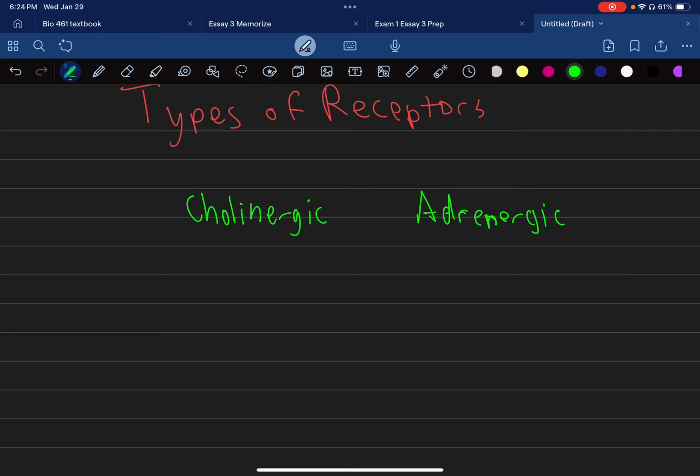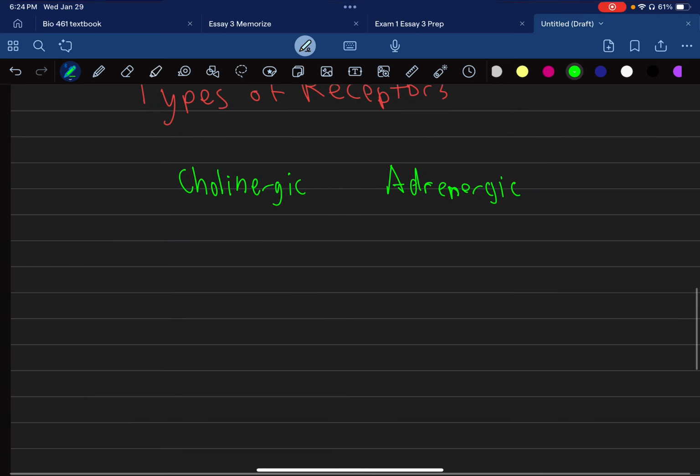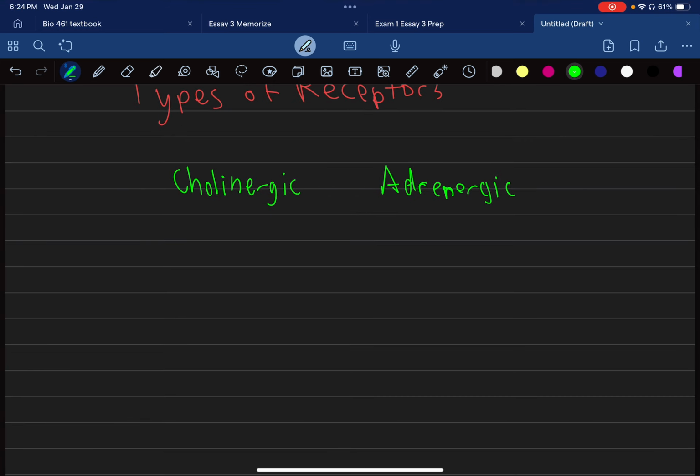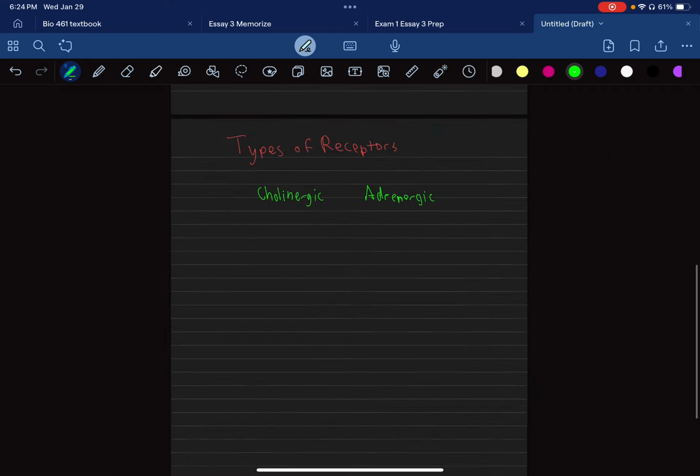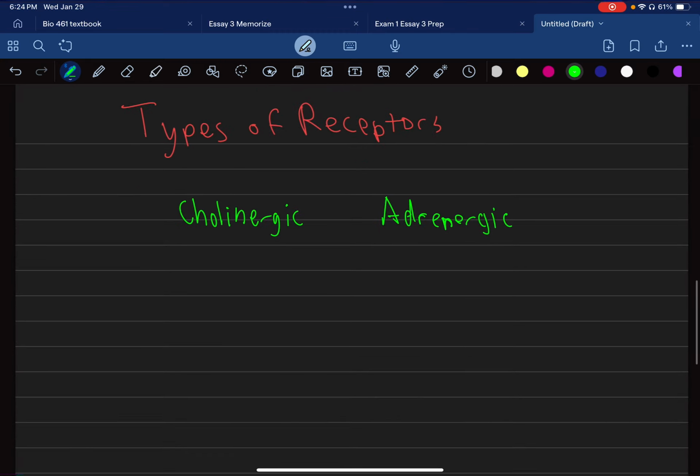Adrenergic. And the way that I remember them is cholinergic sounds like acetylcholine, so I know that acetylcholine is going to be what binds to the cholinergic. And with adrenergic, I know that adrenaline is going to bind to that, or in other words, epinephrine or norepinephrine.